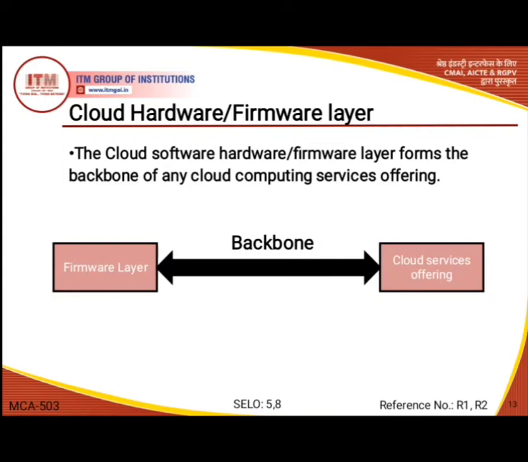So basically we can say that this particular layer is just the backbone, in the sense that without it the existence of all the layers is null.